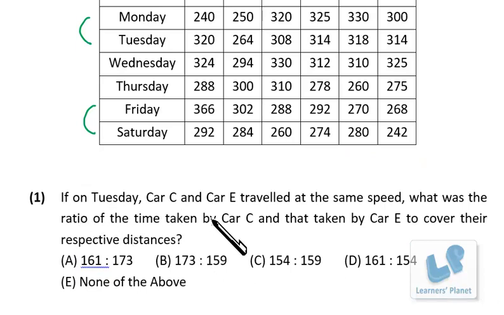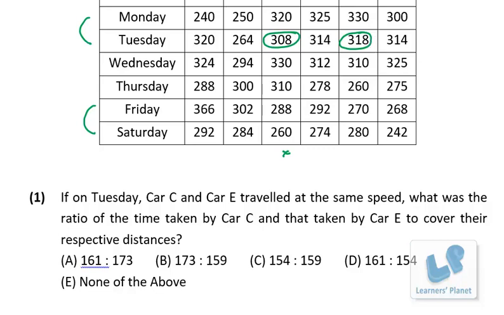If on Tuesday car C and car E travel at the same speed, what was the ratio of the time taken by car C and that taken by car E to cover their respective distances?